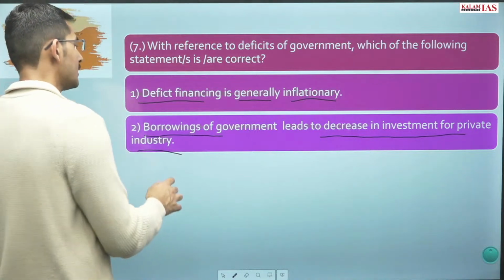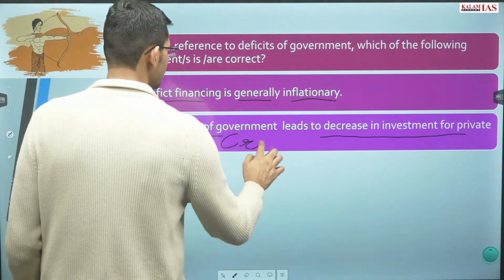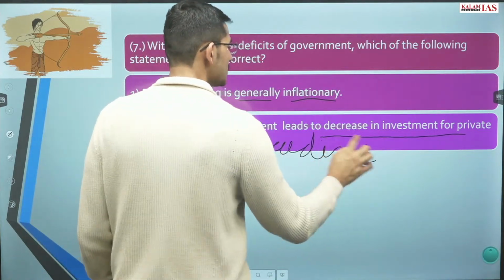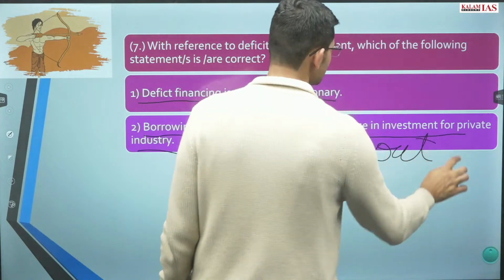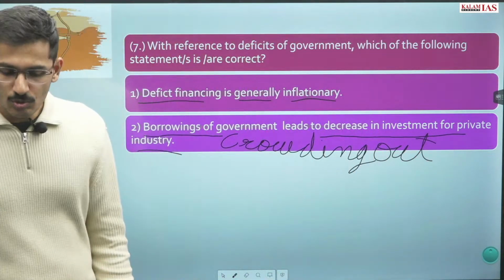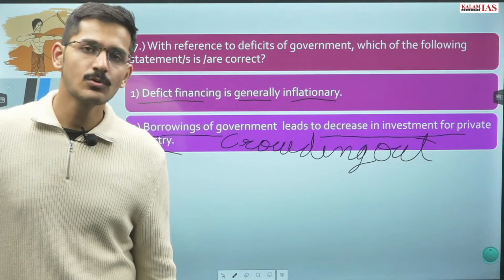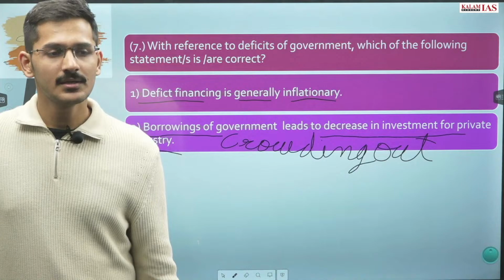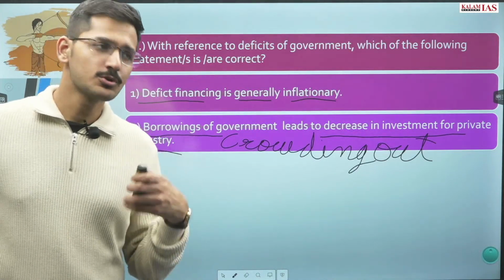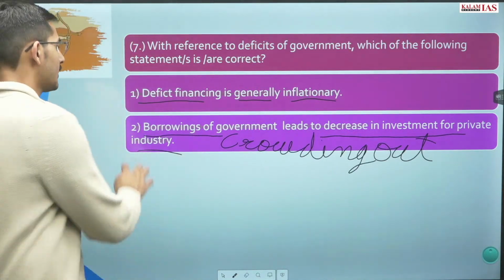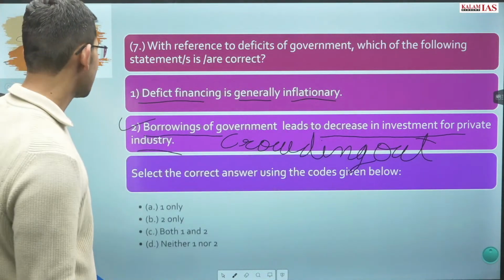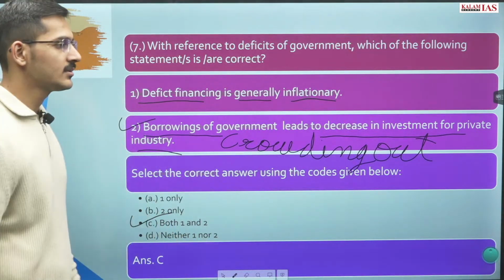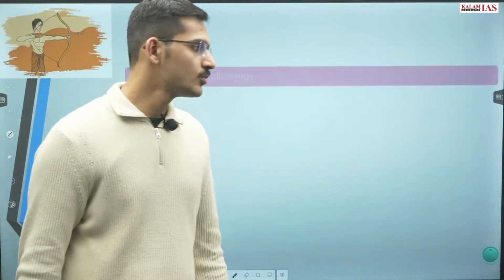So this statement reflects the concept of crowding out: due to excessive borrowings by the government, liquidity is crowded out of the market, and as a result the investment of industry is reduced. So this statement is correct. The first statement is correct, the second statement is also correct, so the answer is C, both 1 and 2.